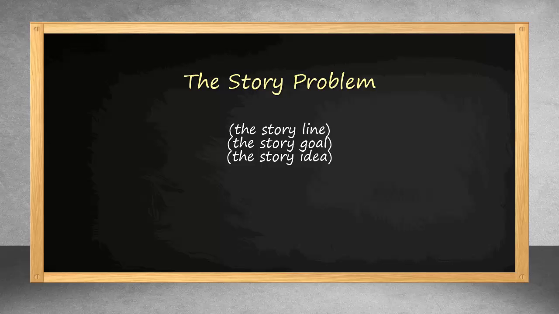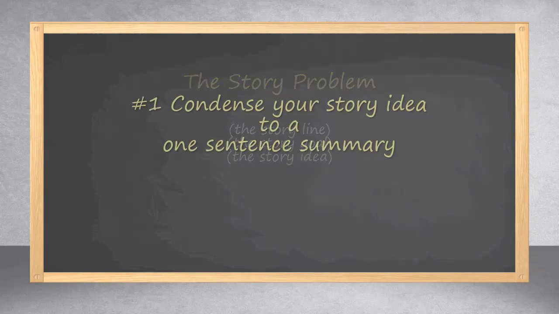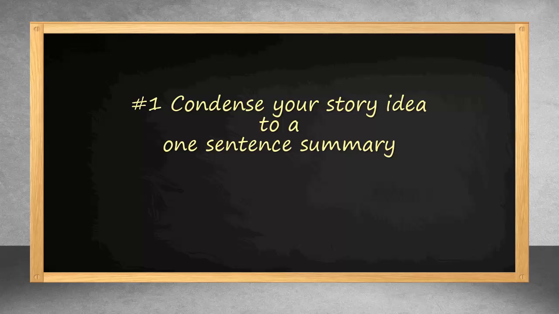Hopefully, it's a good story idea. And if it is a good story idea, you should be able to put that story idea into one succinct sentence of 40 words or preferably less. Now, that's not always easy to do, but it's necessary, because if you can't put your story idea into one sentence, then you probably do not have a good story idea.